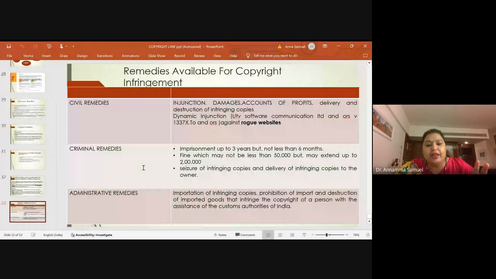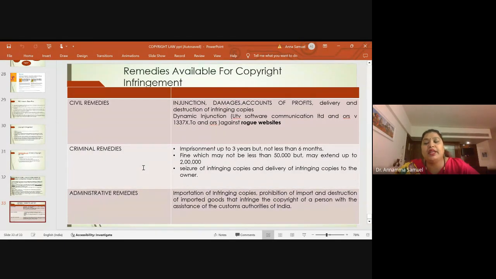Now, remedies are available. There are three kinds of remedies. One is the civil remedy: injunction, then damages, accounts of profits, delivery and destruction of the infringing copies. And nowadays, the Delhi High Court and Mumbai High Court are granting dynamic injunctions. So a dynamic injunction is nothing but wherein you find mirror websites, and the infringement happens even after the infringed material is taken down.